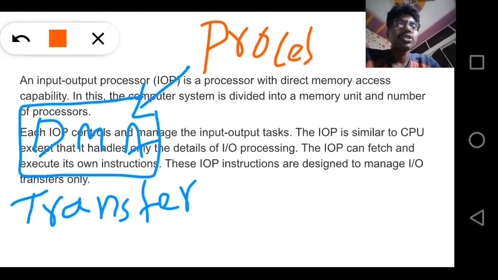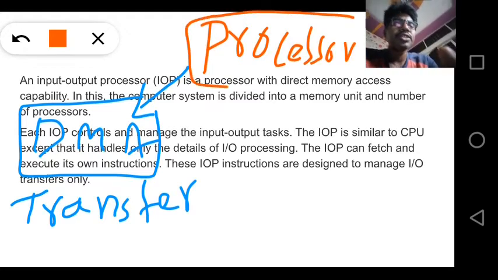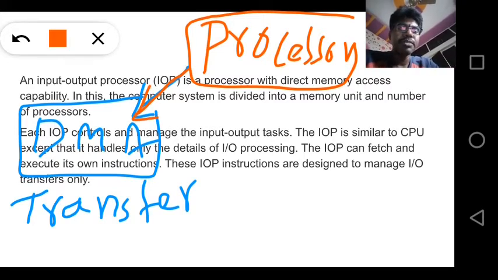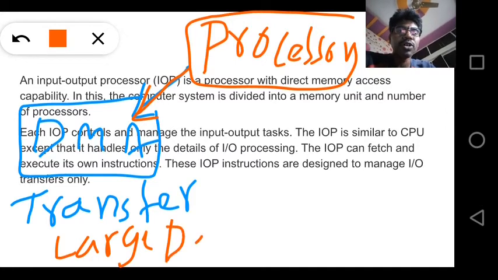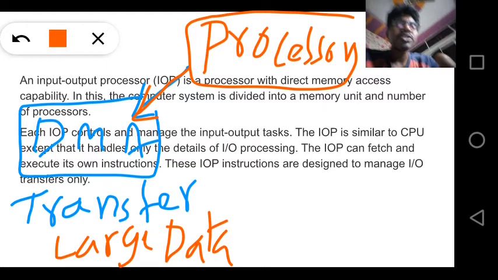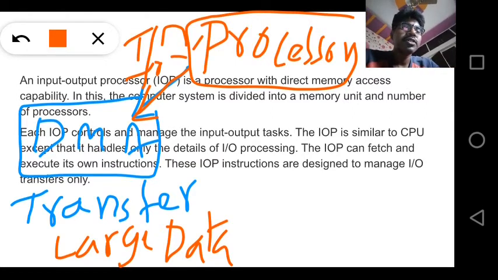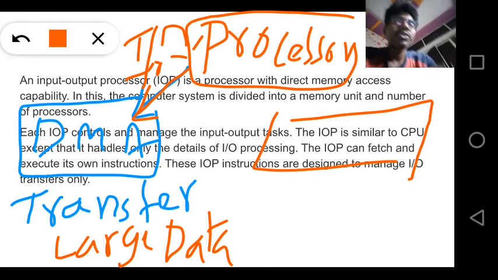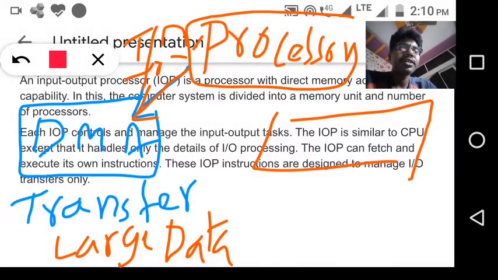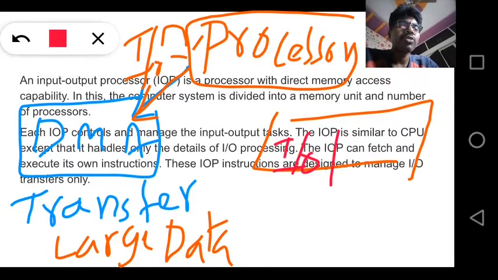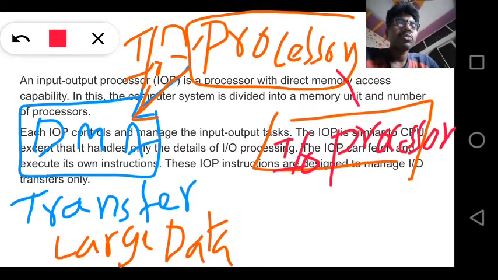So the processor executes IO instructions. It tells DMA to transfer large data, but the IO instructions are executed by the processor itself. But if I have a dedicated IO processor, the processor will not say anything to this.